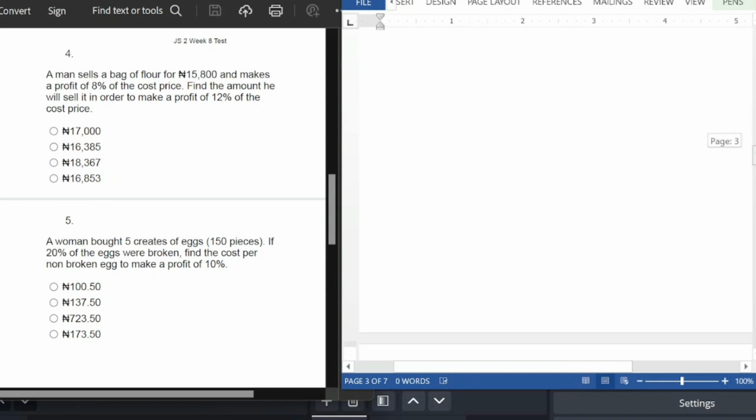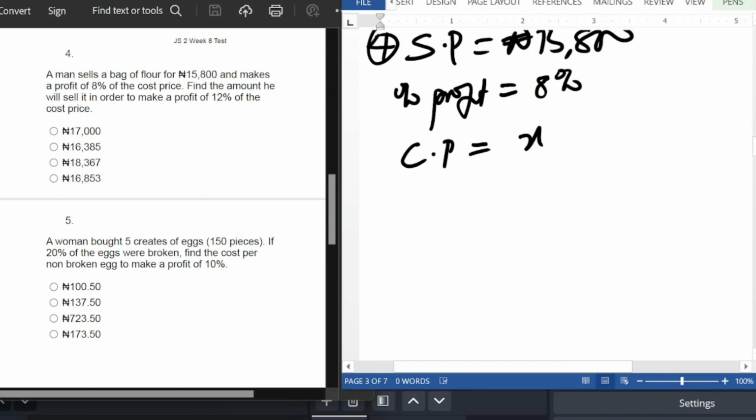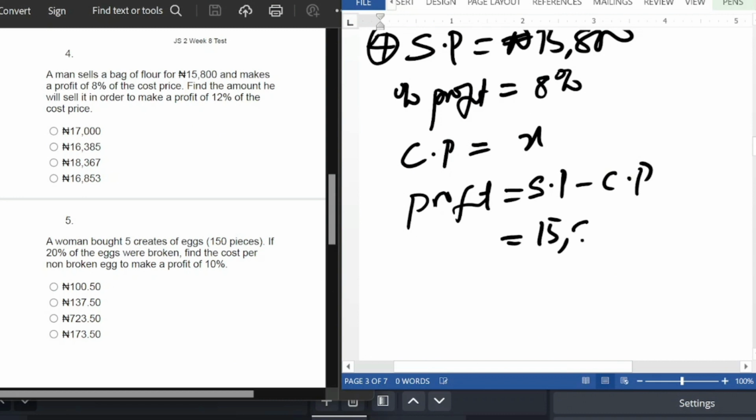Don't mind that profit; it means that the cost price is less than the selling price. So in that case, profit here is the selling price minus cost price, which is 15,800 minus x.